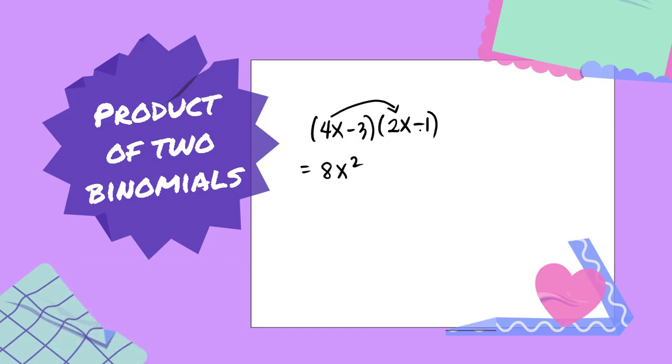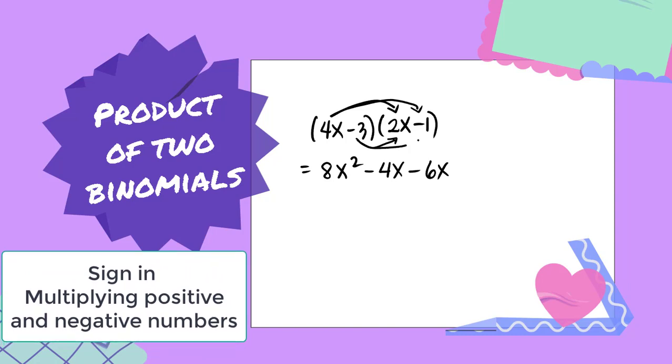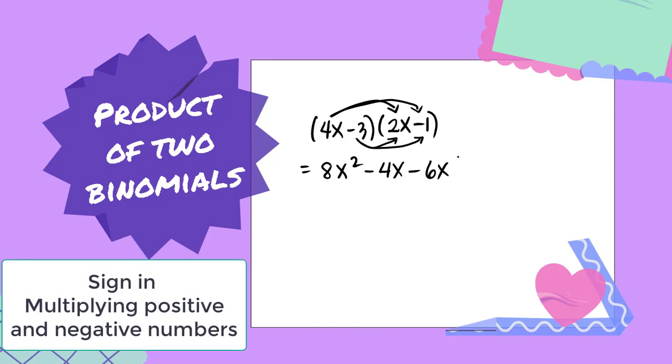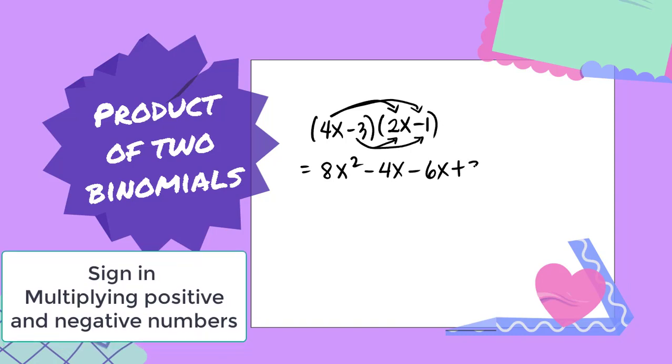Now, 4x times negative 1 is negative 4x. Then for the inner, negative 3 times 2x is negative 6x. Then negative 3 times negative 1 is positive 3.